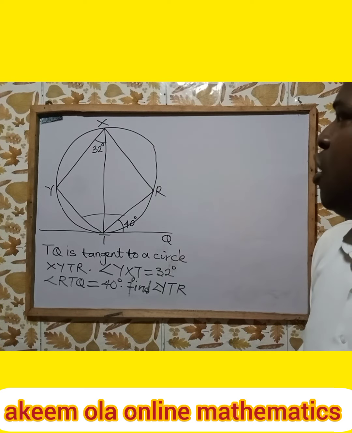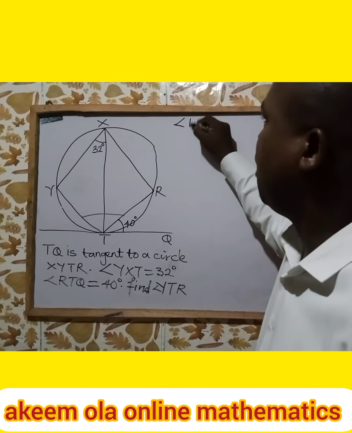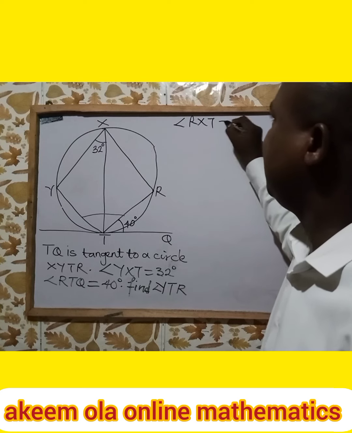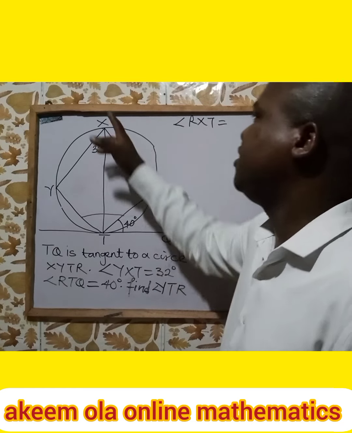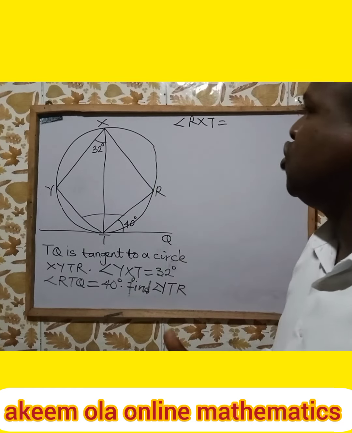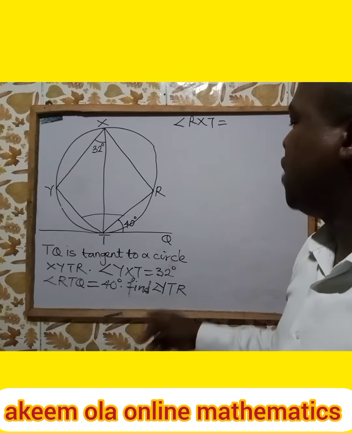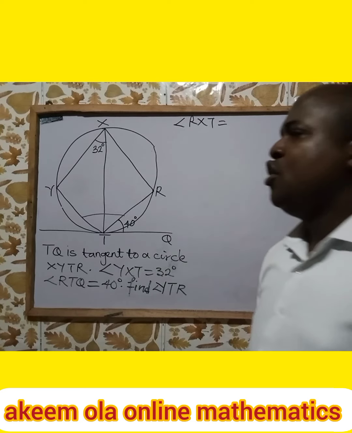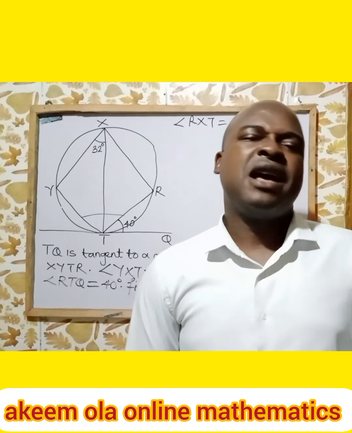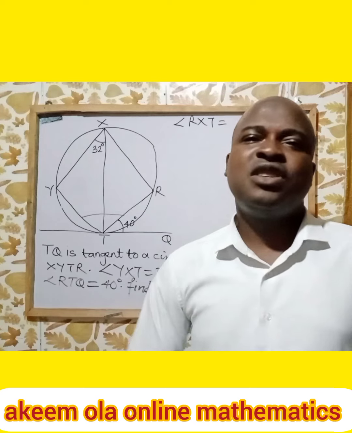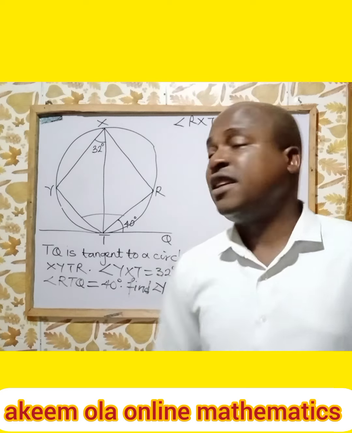Number one, we must get angle RST. After getting angle RST, we can consider the relationship between RSY and YTR. You have to be very careful when solving questions on circle theorems and tangents to a circle, because if you are not careful, you are going to derail and make a lot of mistakes.